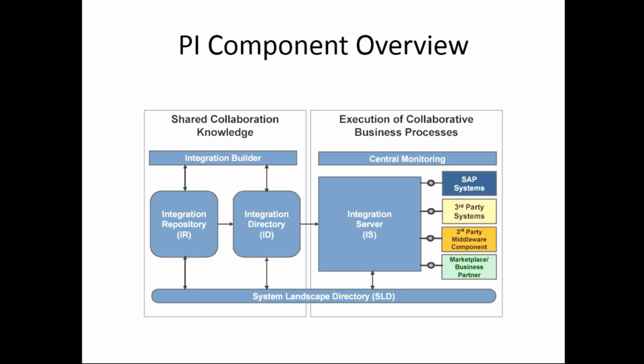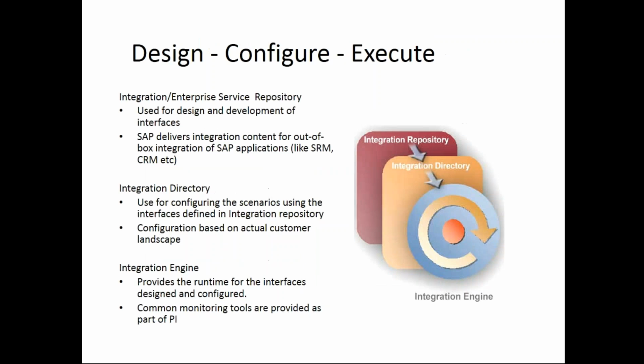Then you have the System Landscape Directory, which is connected to all the components present in your PI. We'll see what it is in a bit, but you can think of it as a universal layer present in your PI.